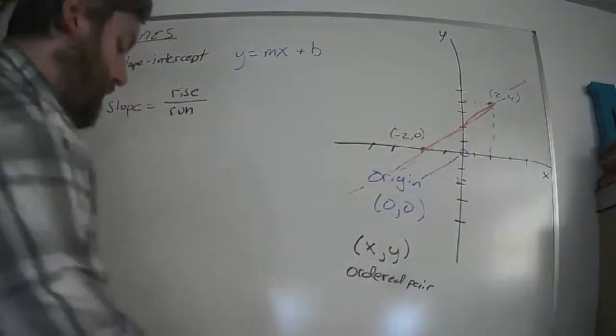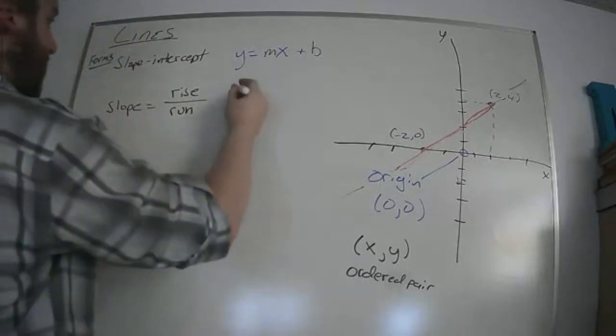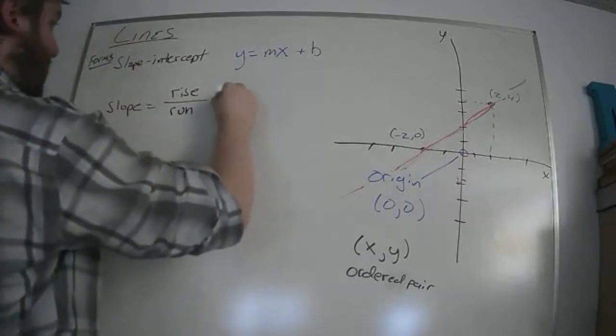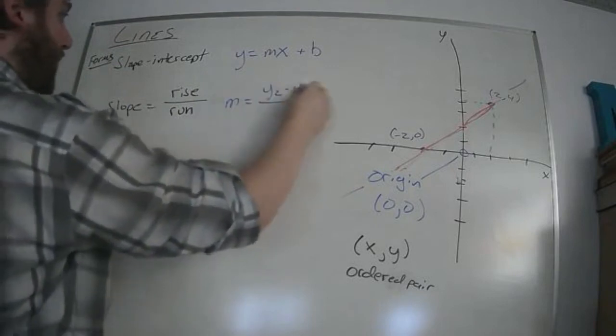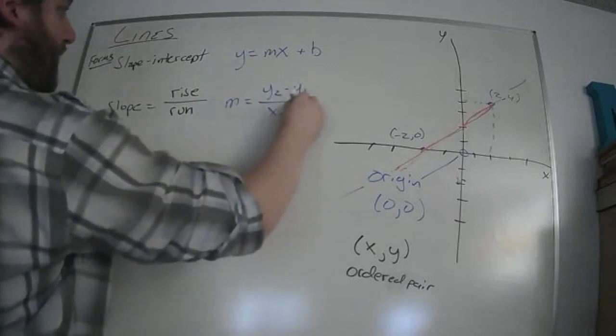And we write that mathematically as saying m equals (y2 minus y1) over (x2 minus x1).